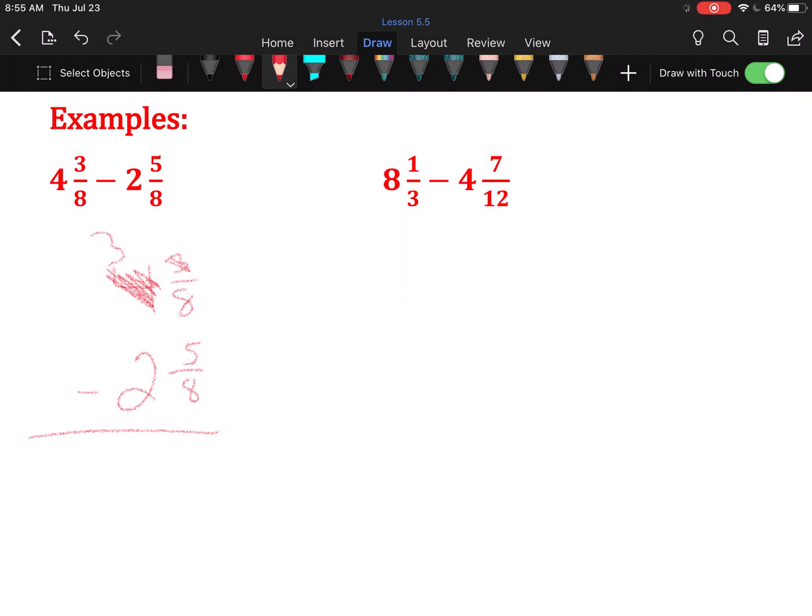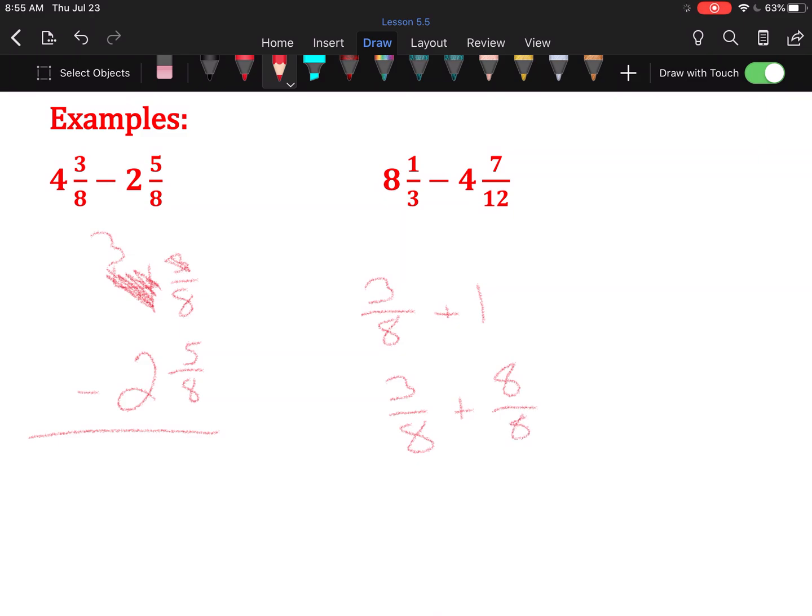Okay, let's explore that for a second. I borrowed 1 from a 4, because 4 is a whole number. So I borrowed 1 from it. So what we're doing here is we're adding 1 to 3/8. 1 can be represented as any fraction by putting the number over itself.